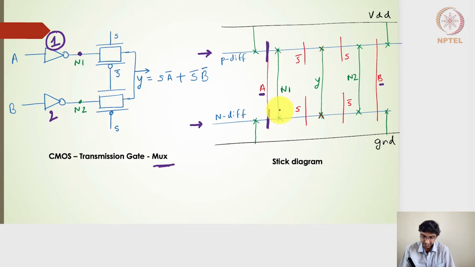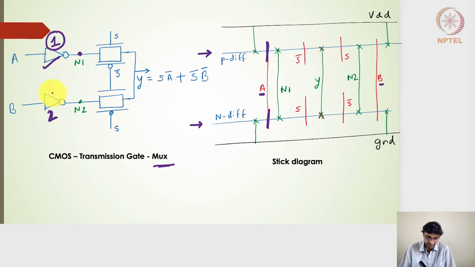And these N1 nodes are connected together, right? Because it's an inverter. So the PMOS transistor diffusion and the NMOS transistor diffusion are connected, and that is this particular metal line. So this particular realization of this inverter onto the stick diagram is complete.